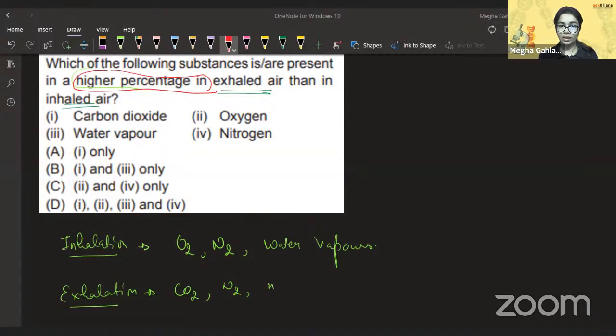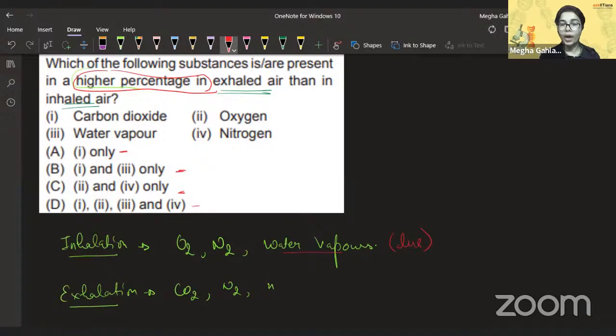If you look at the question, we have carbon dioxide, oxygen, water vapor, and nitrogen. And the options are: carbon dioxide only; carbon dioxide and water vapor only; oxygen and nitrogen; and all four. Now, first things first, when we are inhaling the air, water vapors are present in less amount.